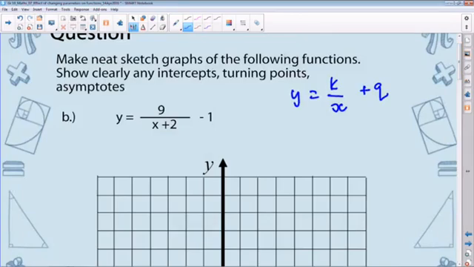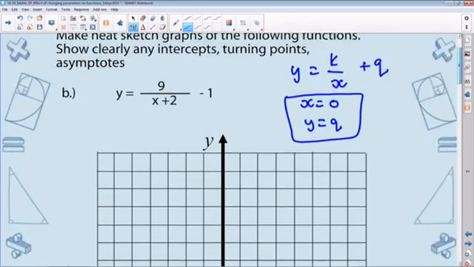What you noticed last year is that this graph has asymptotes, which doesn't touch. So you've got y equals k over x plus q. The asymptotes here were x equals 0 and y equals q, your vertical and horizontal asymptotes.